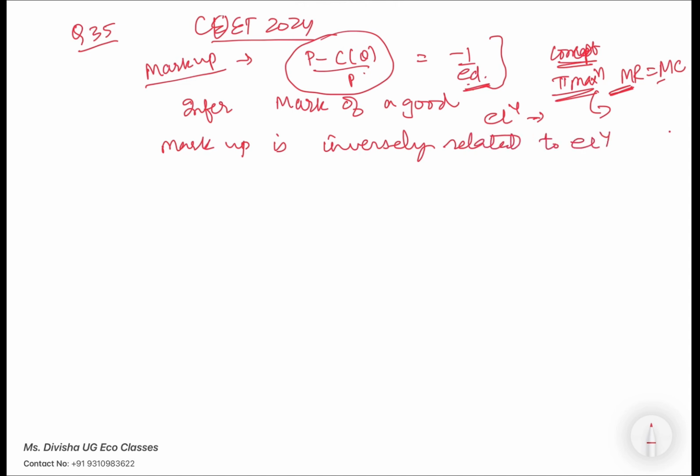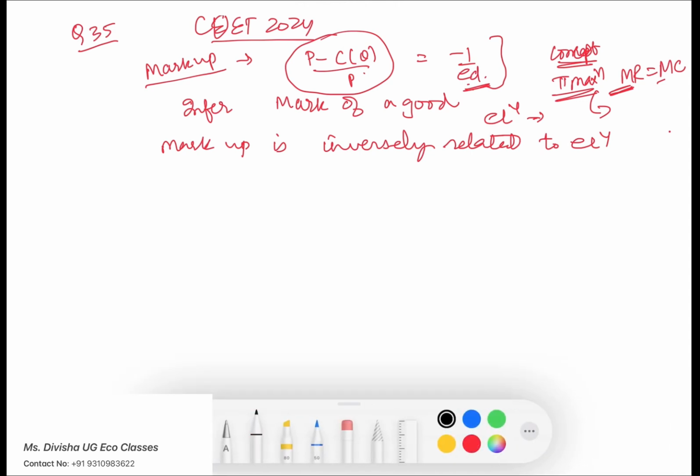So what does it mean? That if the elasticity is larger, if elasticity is high, then the markup of that good is low. Markup is lower, right?